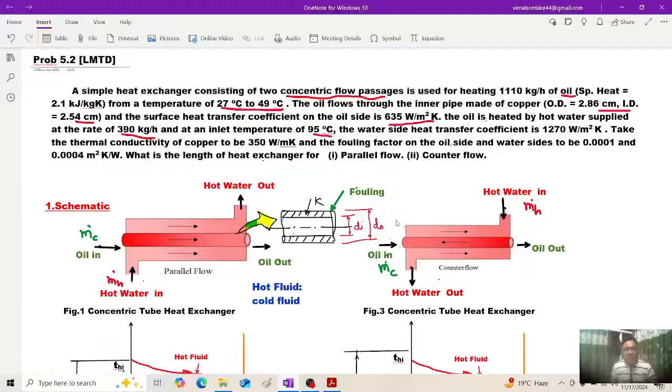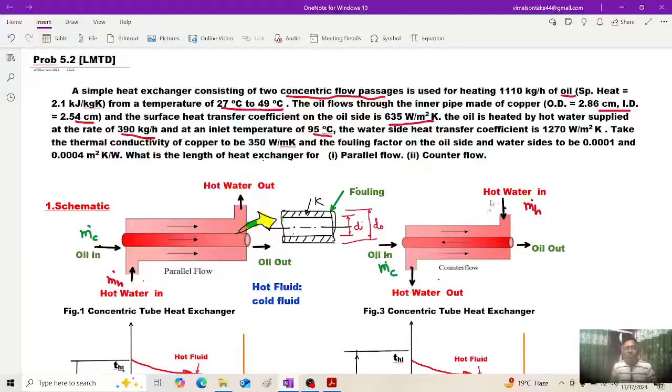So oil is a cold fluid and hot water is a hot fluid. It is also mentioned in this problem, in concentric tube heat exchanger, oil, that is cold fluid, is flowing through the inner tube and hot water is flowing through outer tube.